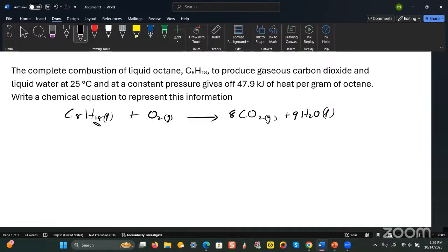Okay, and then we have to balance the oxygens. So how would you balance the oxygens? How many oxygens do we have total on the left side? 2, right? How many do we have total on the right side? 25. So how do you propose we balance oxygens?